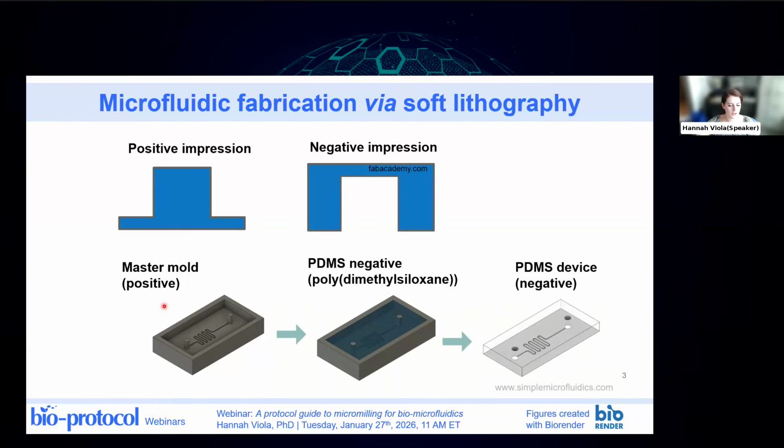So we'll usually make this master mold, as we call it, and then pour the polymer on top of it. We usually use PDMS, and then we have our device, which will be a negative cast. The reason we usually do it this way is because you make one mold and then you can make lots and lots of devices using that same mold. So it's much faster and it's more reproducible.